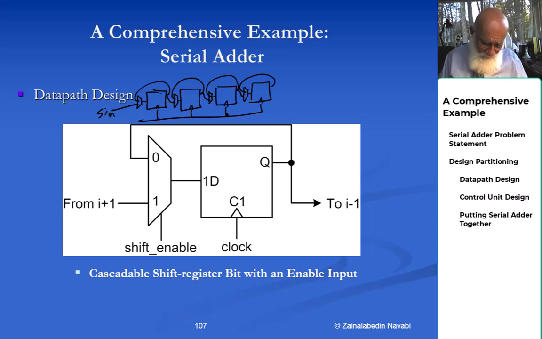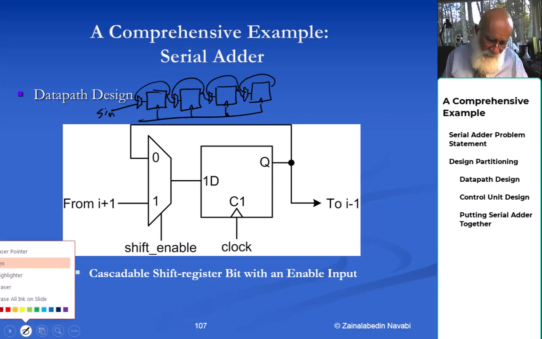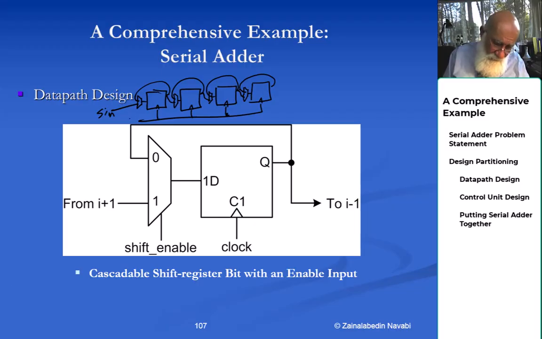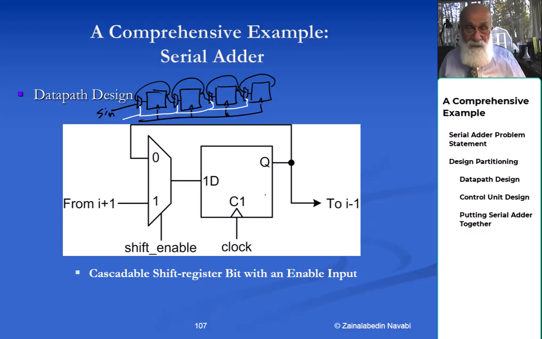Okay, and these multiplexers have a control input. If it's 0, it selects its upper input. If it's 1, it selects its lower input. If it's 0, just like what I'm showing over here in this diagram, it feeds back the Q back into the flip-flop.